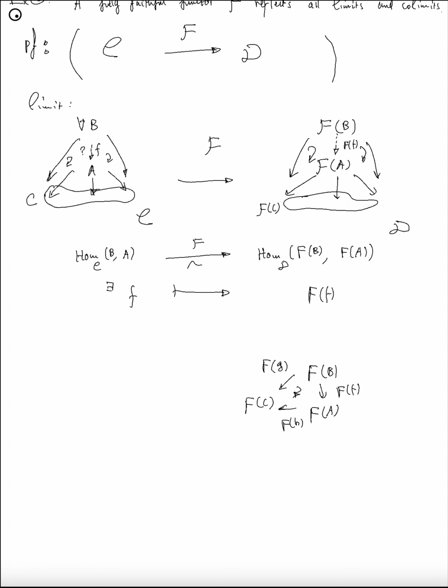What you knew at the beginning was that there was this and this, but you didn't know whether there exists a map to make this commute or not.